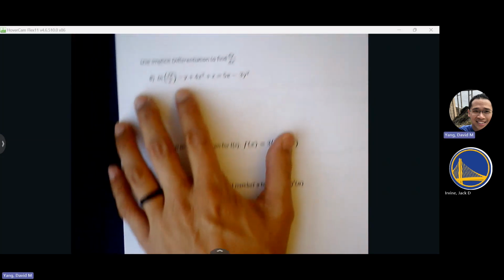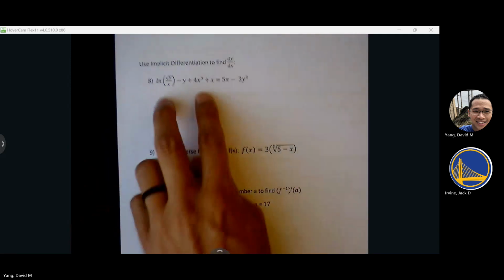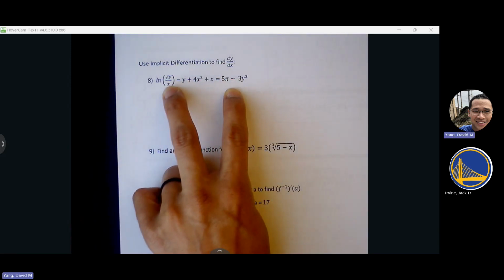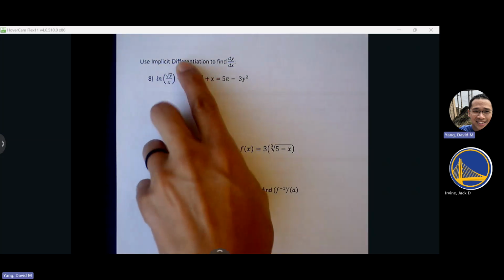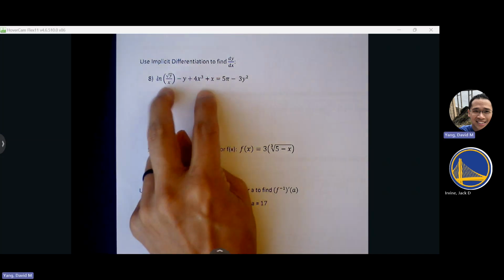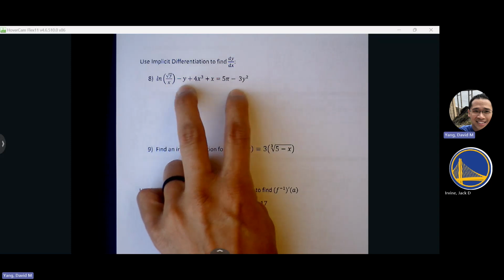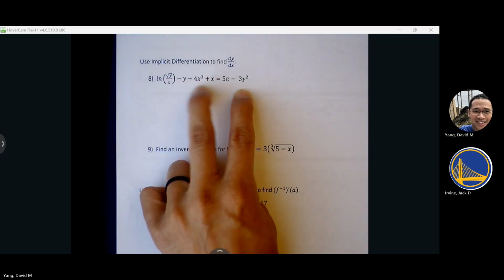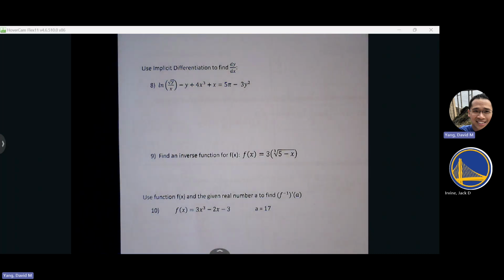Number 8 says use implicit differentiation. Even if it was not specifying that, we still understand there's implicit because we have all these y's in the way. So expand first, and then we can move to our derivative step.